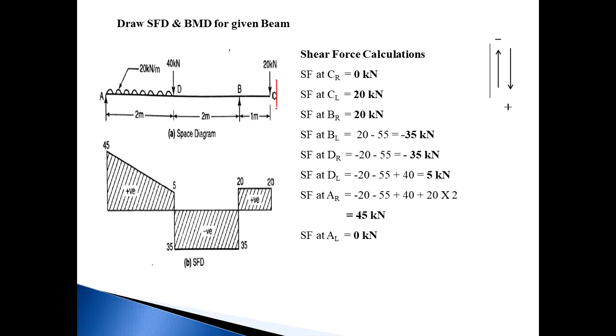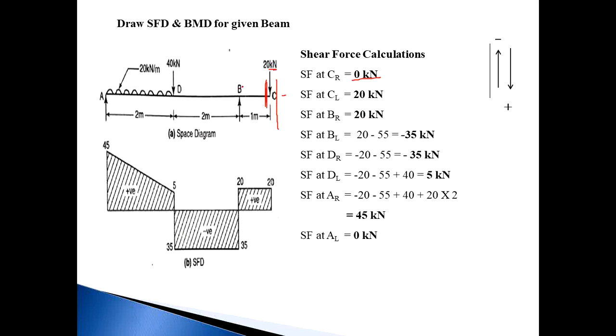Starting with marking a section just right of C and considering the right side of the section, the total number of forces on the right side is 0. So the value of CR is 0. Then mark a section just left of C and consider the right side of this section. The number of forces on the right side is 1, that is 20 kilonewton, and the direction of the force is downward. Downward force is positive. So the shear force at CL is 20 kilonewton positive.